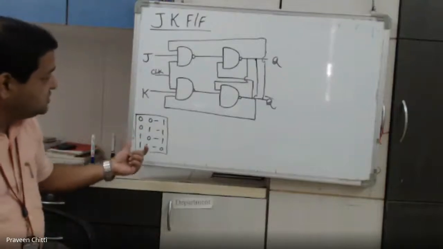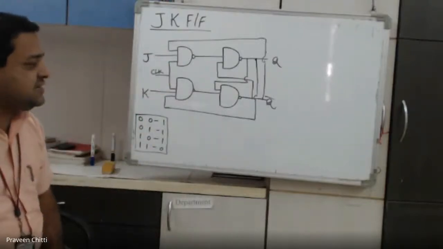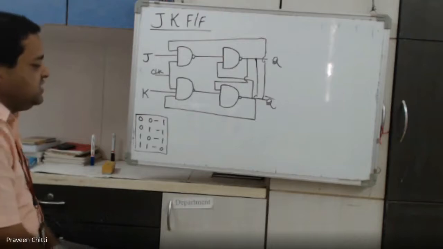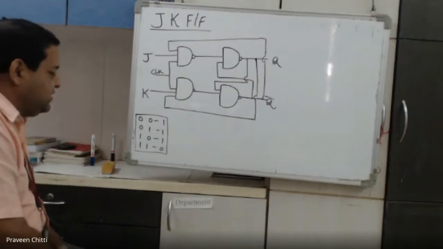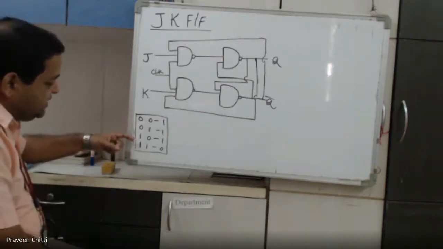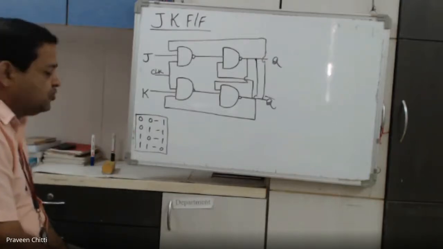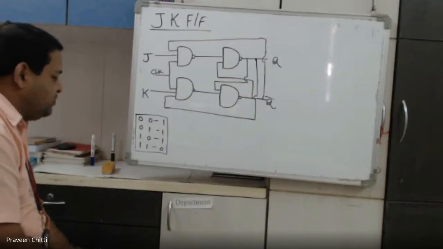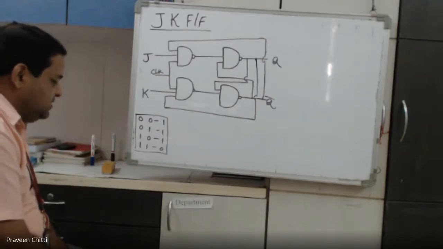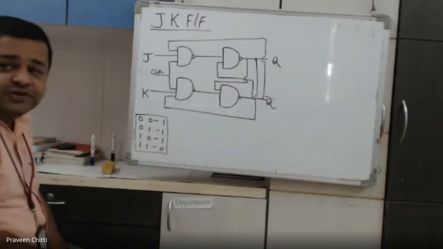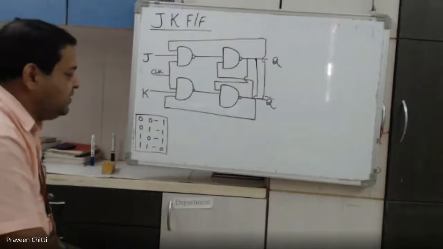So we have to use this truth table of NAND gate to illustrate the working of JK flip-flop. From this truth table we can see that a 0 input at the NAND gate forces the output to 1 irrespective of the other inputs. If we have one of the inputs to the NAND gate as 1, we will not be able to decide its output unless we know the other input.